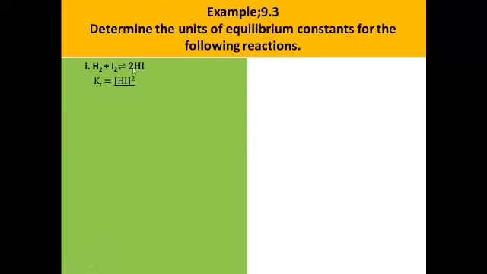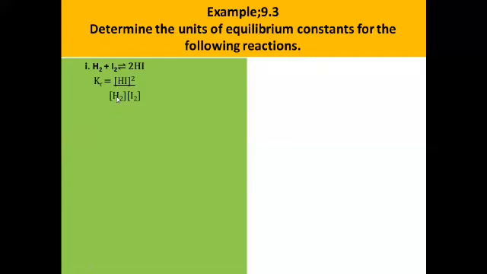You will write the active mass of product in the numerator with the coefficient as a power, and the active masses of the reactants in the denominator. This is the first step.